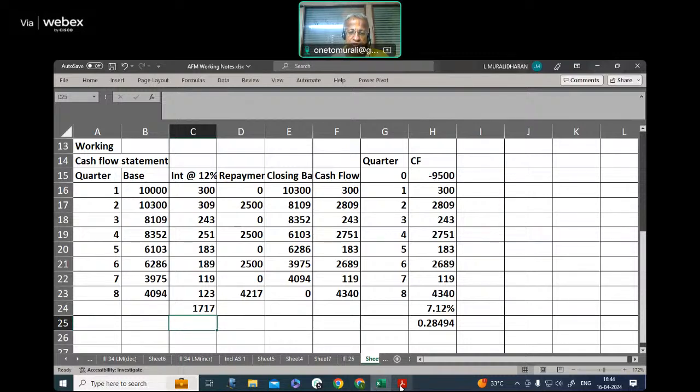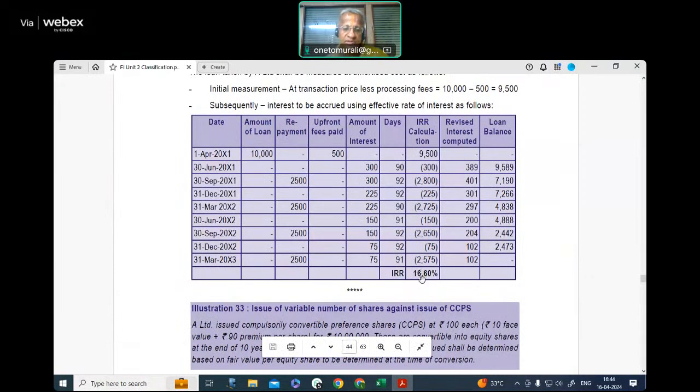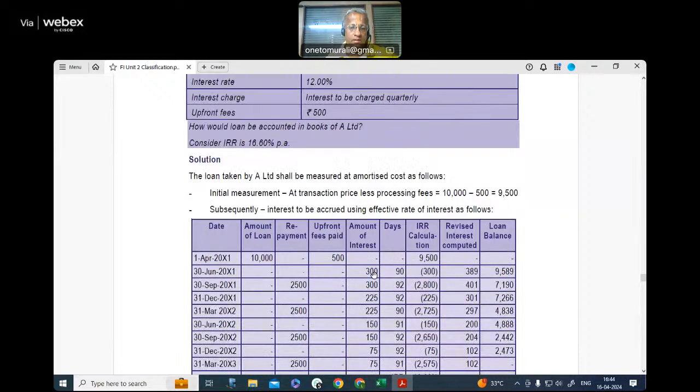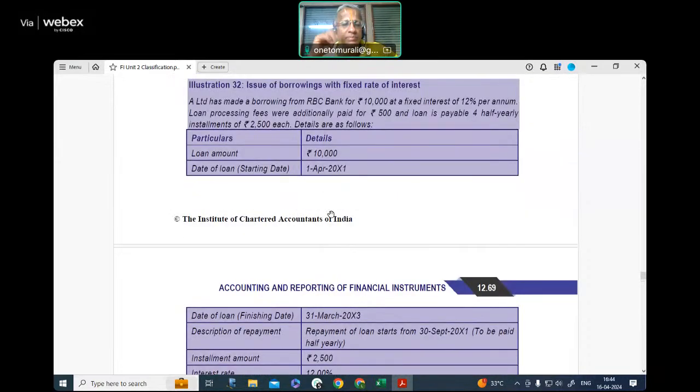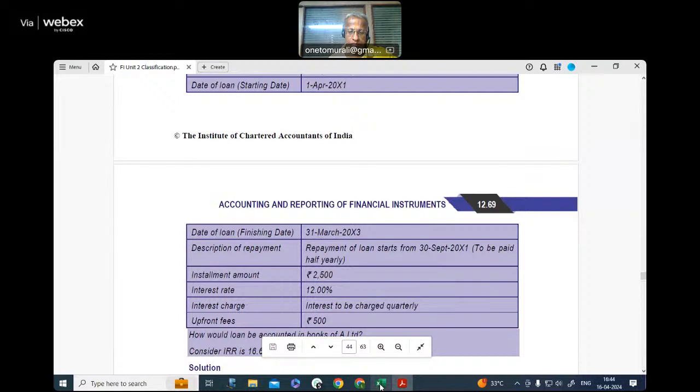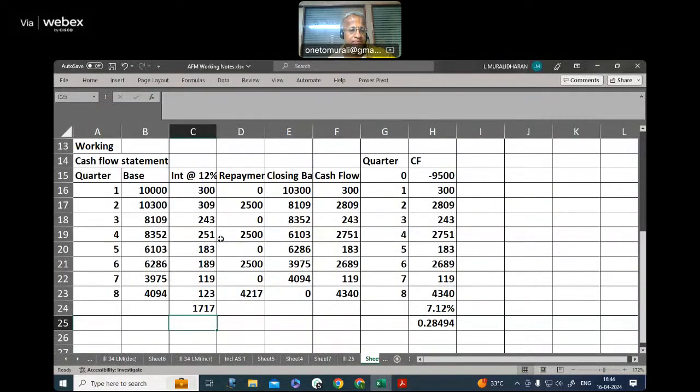They have just demonstrated how 16.6% has come. There is maybe some computational error. Let me just check. It can't be that high.